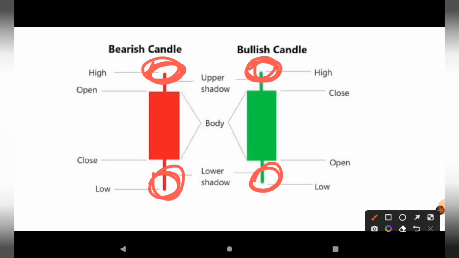And mind you, the size of every given candle can show you the intensity of buying pressure and selling pressure. So write this down. The size and shape of a candle will show you the intensity of buying and selling pressure. Do you get it now? So I'm going to show you live and direct on Binance or on TradingView why this is called a rejection. Okay, so now let's go, guys.